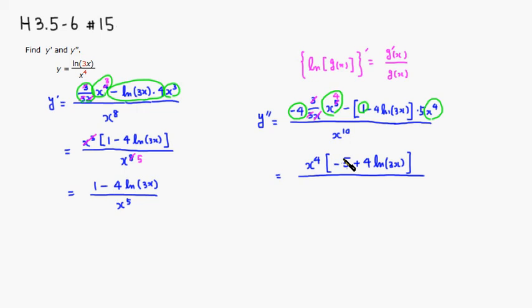Here we actually have negative 4, minus 5, so it's going to be negative 9. Then it's negative, negative, positive, 4 times 5, so it's going to be 20.